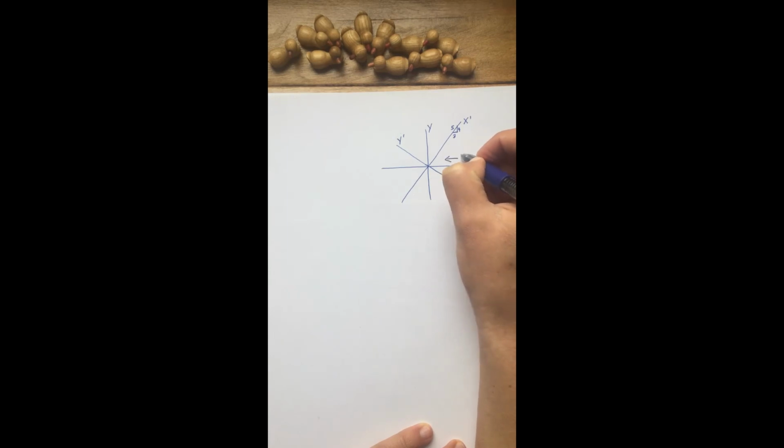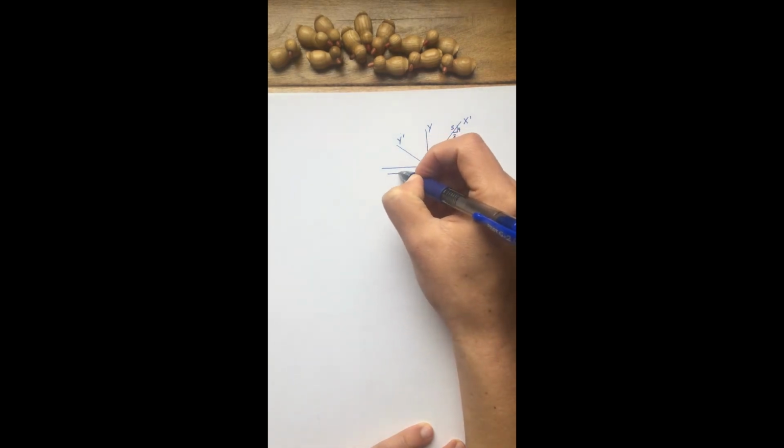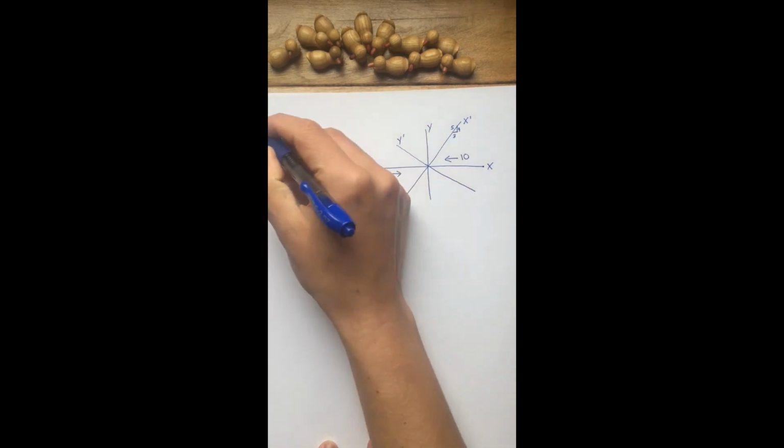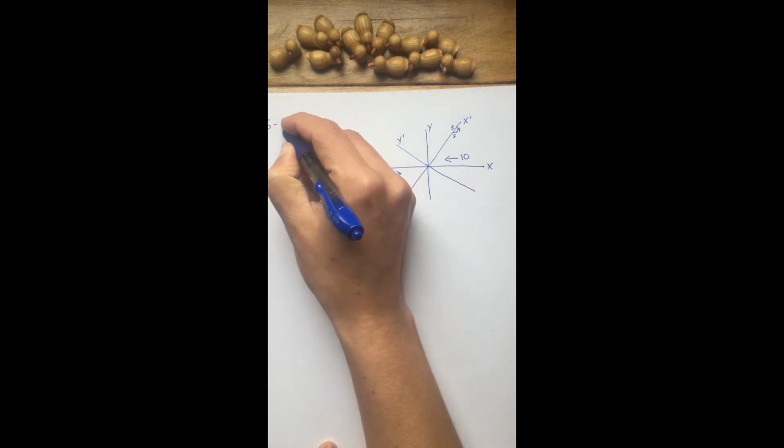I have A going this way with a velocity of 10 meters per second, and B going this way with a velocity of 8 meters per second. That's all I'm going to do with my picture, but you can refer to the one in the book for more detail. This is problem 93.